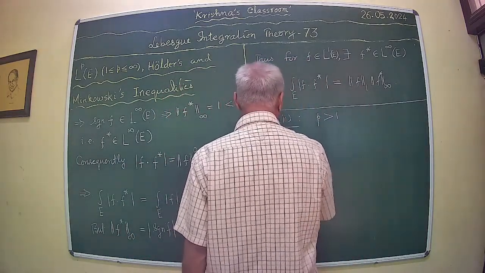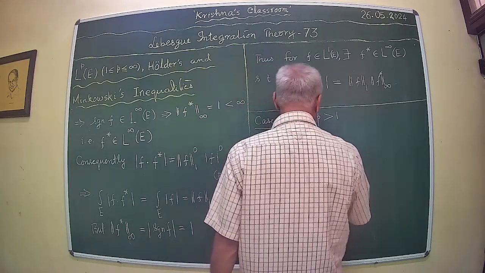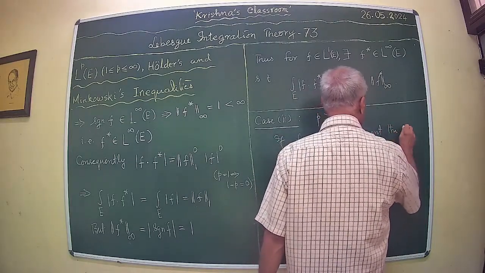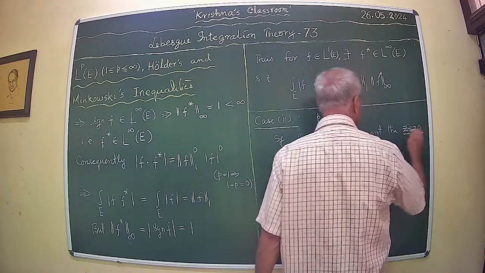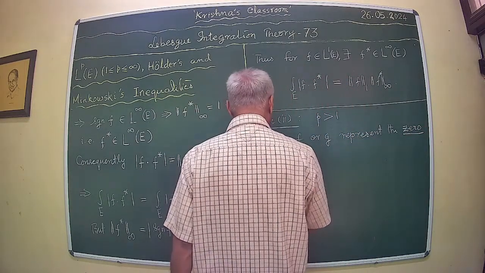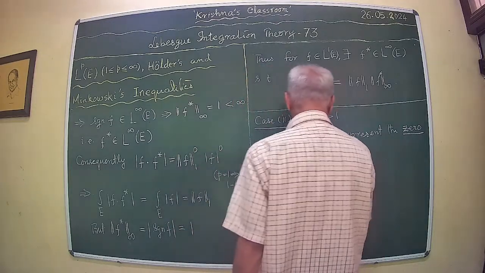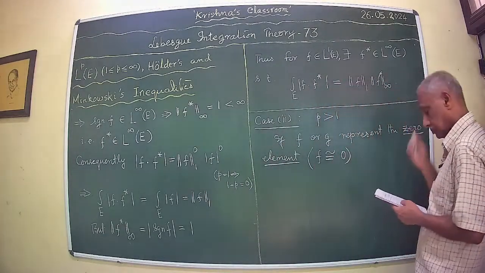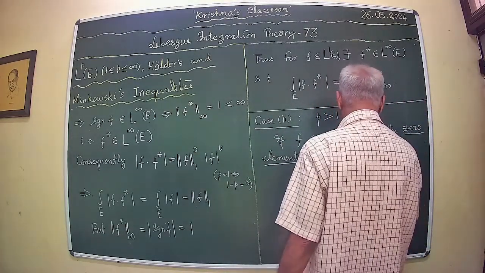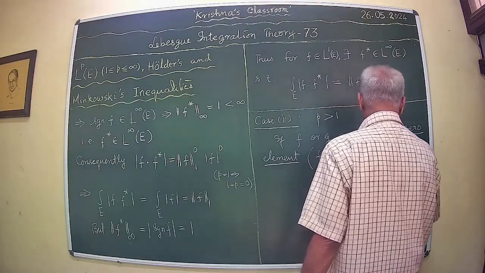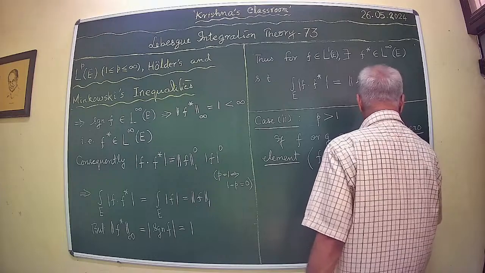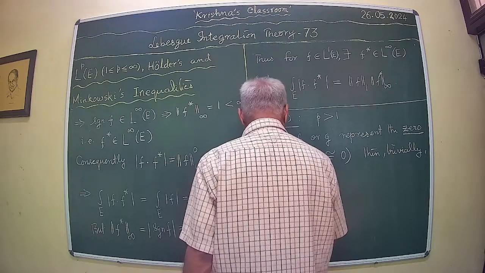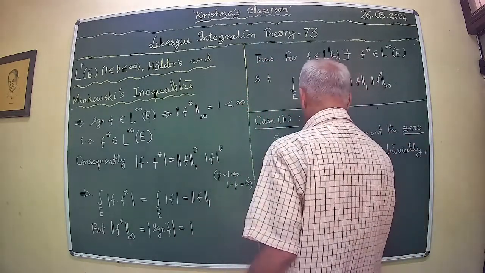If f or g is the zero element, namely f is 0, then the integral over E of fg will be equal to 0.